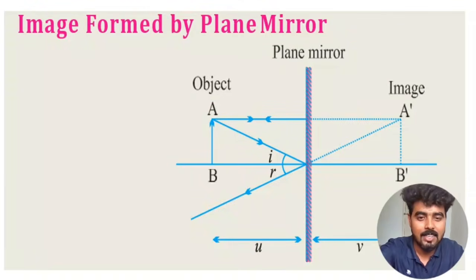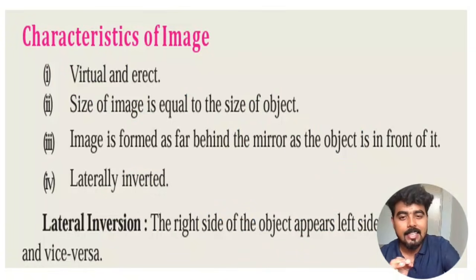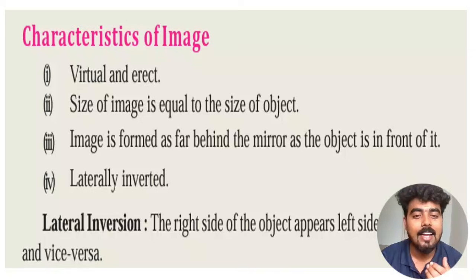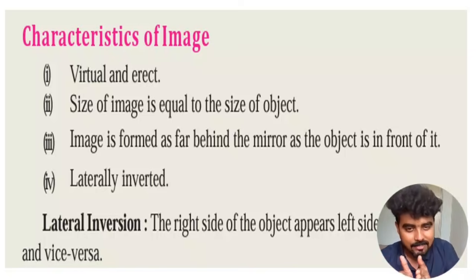Next, the following topic is image formed by a plane mirror. Let us see how an image is formed by a flat plane mirror. As you can see in this diagram, when an object is placed in front of the mirror, the light rays reflect off the surface.